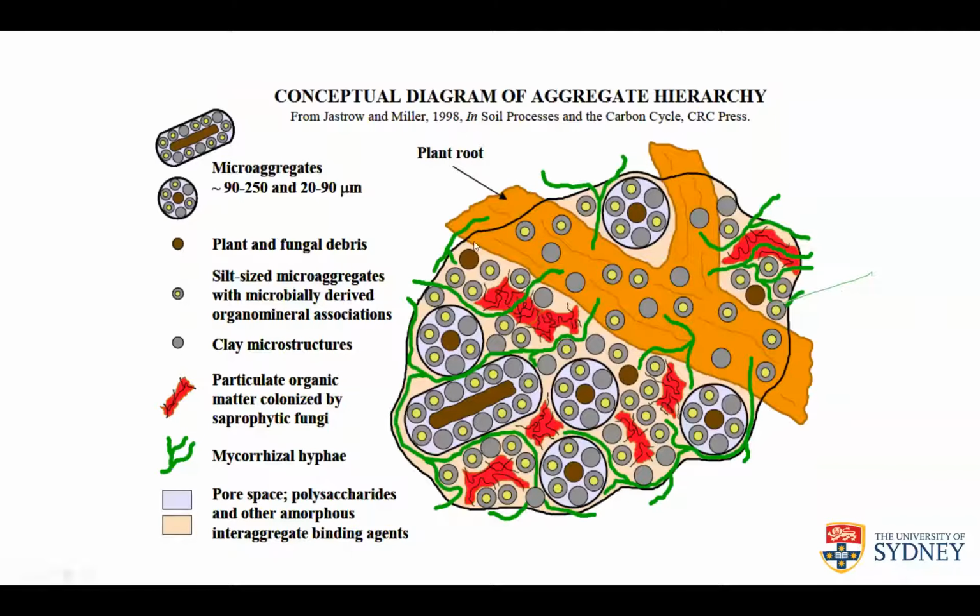This is one big macro aggregate, made up of little micro aggregates, and within these micro aggregates there are different components. The ingredients are the clay microstructure, or clay and silt size micro aggregates. These are the mineral part.